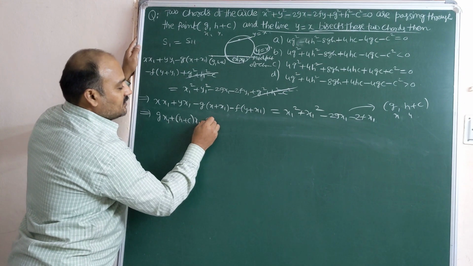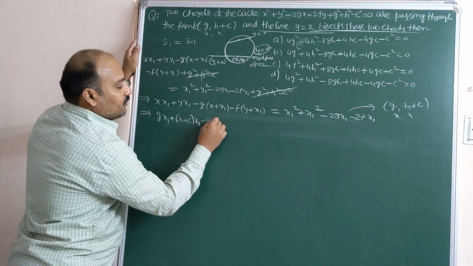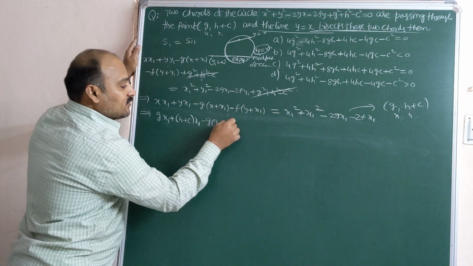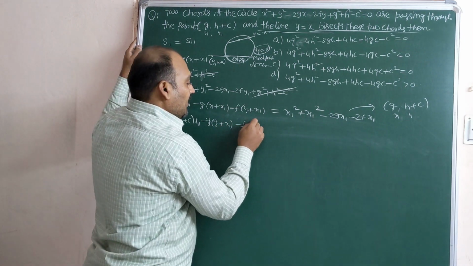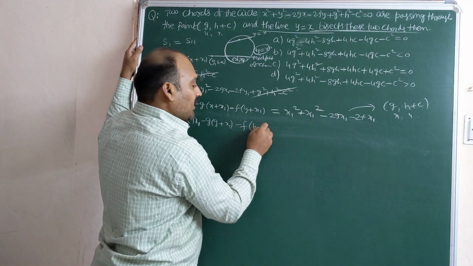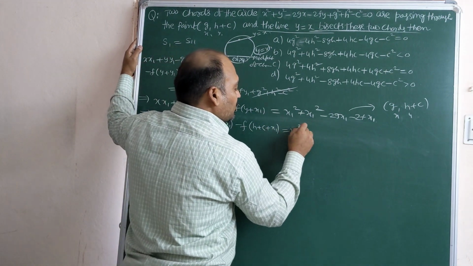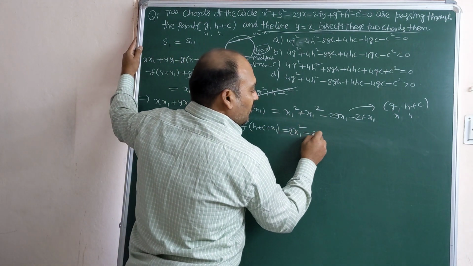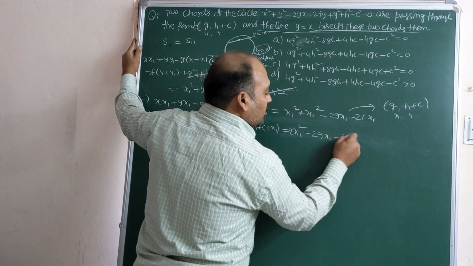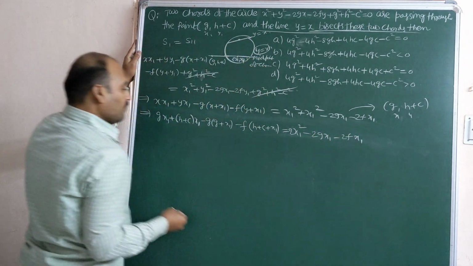Next, minus g into x value g plus x1, minus f into y value h plus c plus x1, equal to x1 square plus x1 square, 2x1 square, minus 2gx1 minus 2fx1.